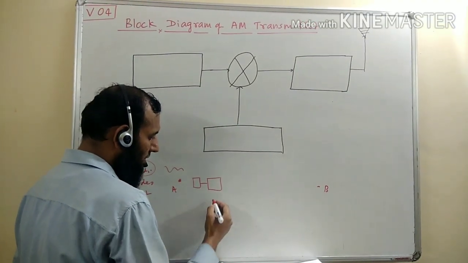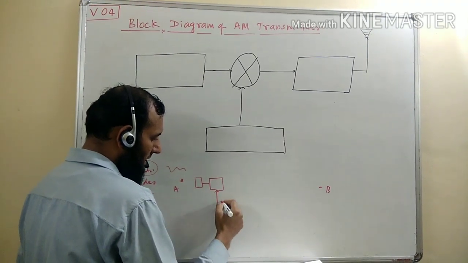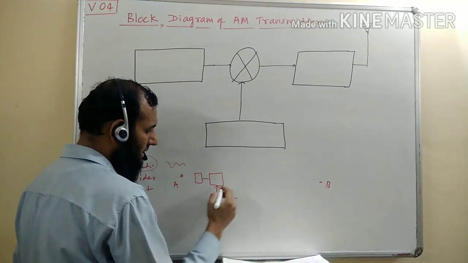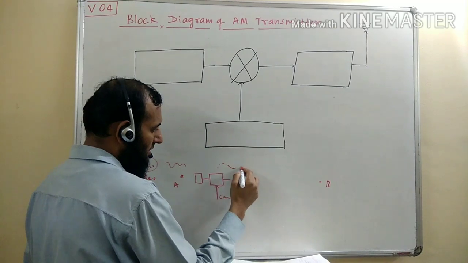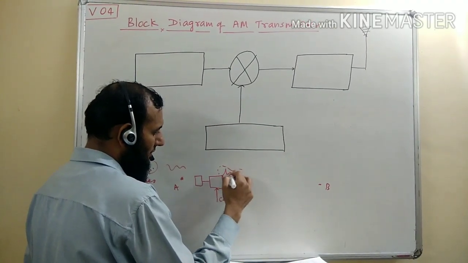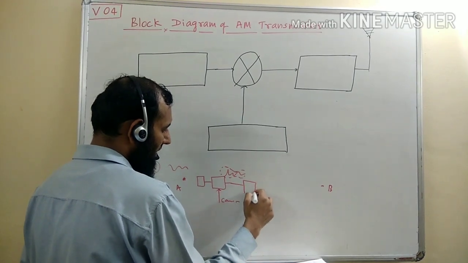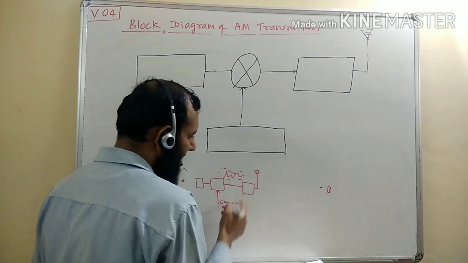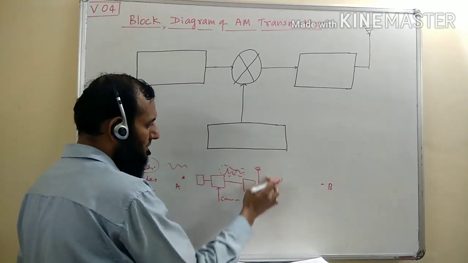In the process of modulation, we superpose a high frequency carrier wave with the audio signal, and we get the modulated wave. This modulated wave is transmitted through the transmitter antenna. This is the modulation process.